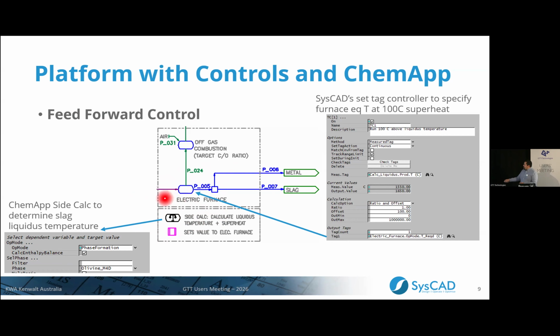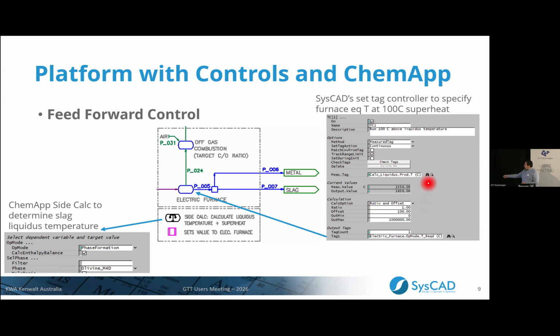and analyze that in a site calculation and perform a phase target calculation to calculate what is the liquidus temperature of that particular mix. So I can change the feed ratio or operating conditions upstream, and that will automatically be fed into this site calculation. It's like somebody takes this to the lab and says, hey, give me the liquidus temperature. I can then use that information, which is calculated every iteration, and put that into a feed-forward controller here.